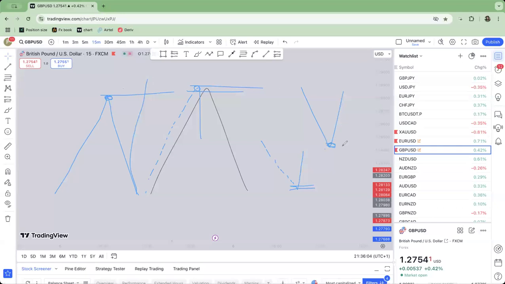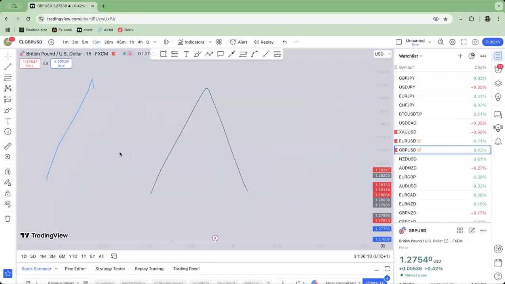The market needs to break below this structural point for us to know, because the other block we are going to get here will be a bearish order block, and the other block we are getting here will be a bullish order block. So if the market creates the structure like this, the last bullish candle before the market turns bearish is our bearish order block.